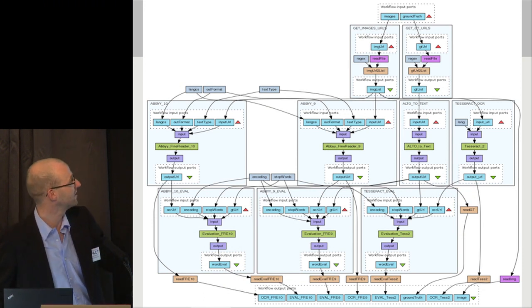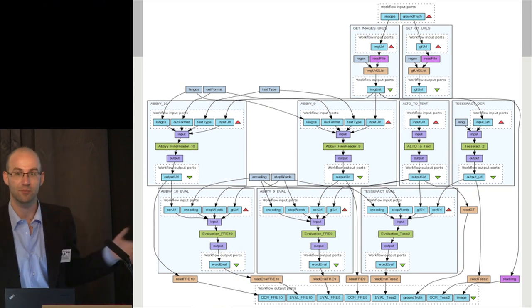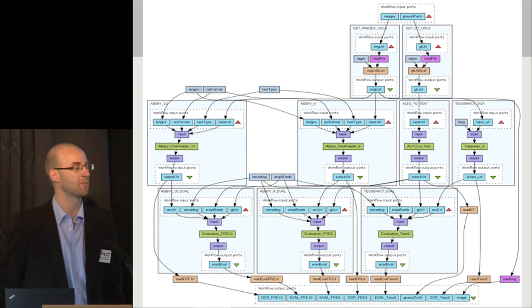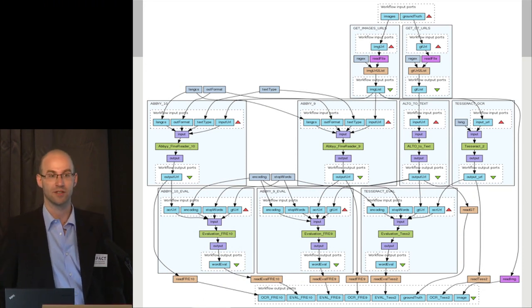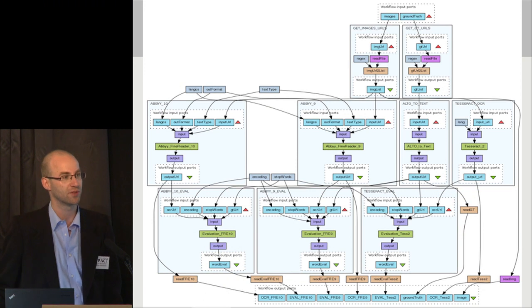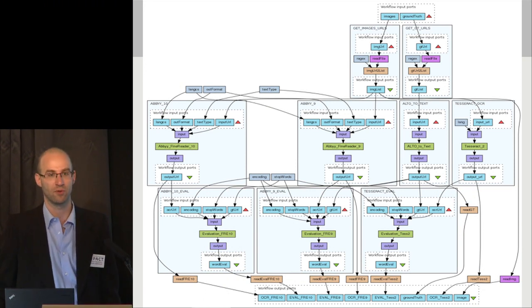That's on the left, the ABBYY FineReader 10. In the middle we have FineReader 9, the state-of-the-art before the project, and then Tesseract to the right. So you can also nicely parallelize things within the system. And then on the lower level, we just compare each time the output of the OCR engine with the ground truth text to see how well they perform.